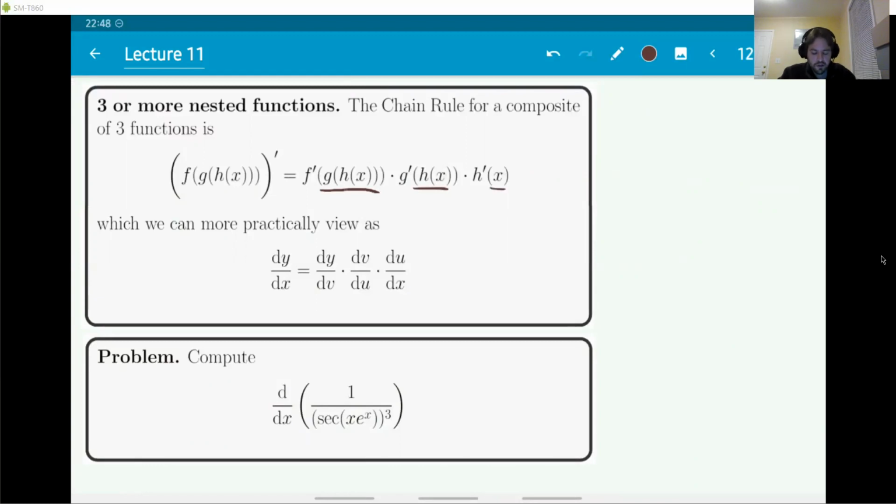If you call those functions innermost, then intermediary, and then outermost, you can think of the formula this way: dy dx. We're going to be thinking about 2 intermediary functions, u and v. So dy dx is dy dv, dv du, du dx, just like if you could cancel out the du's and dv's.